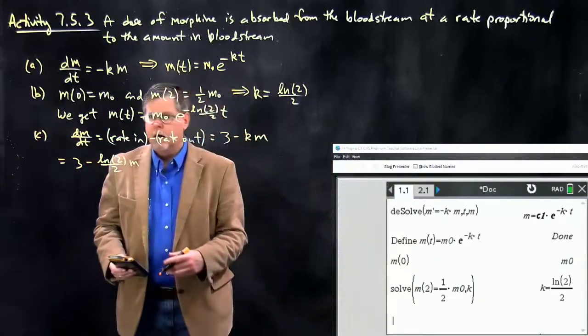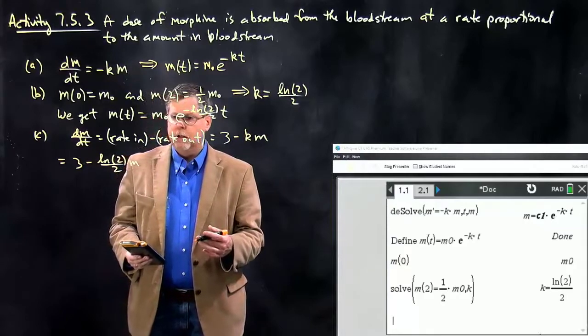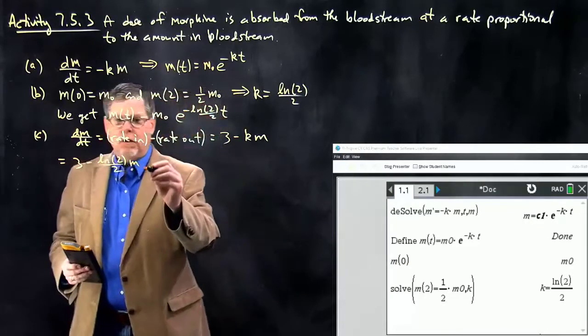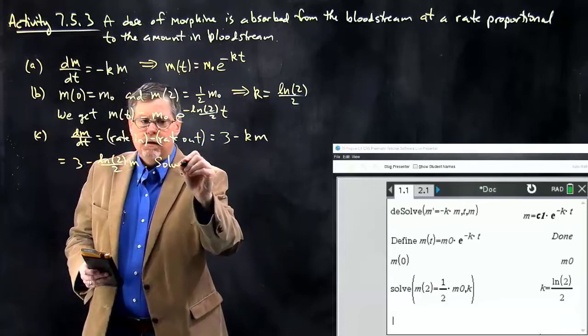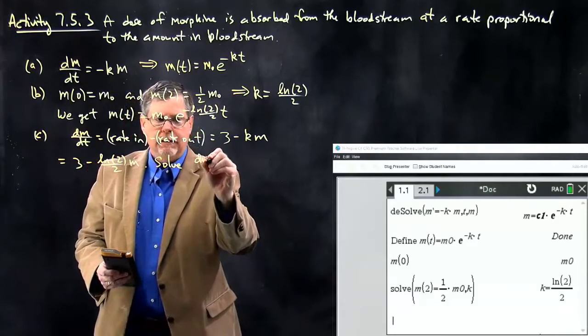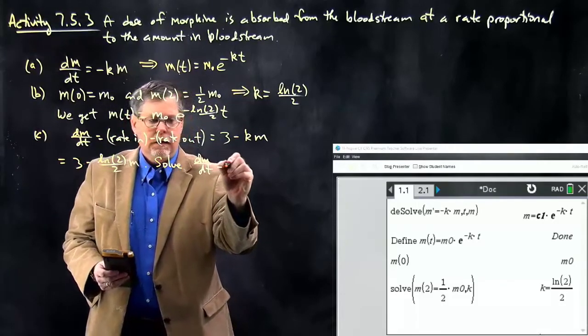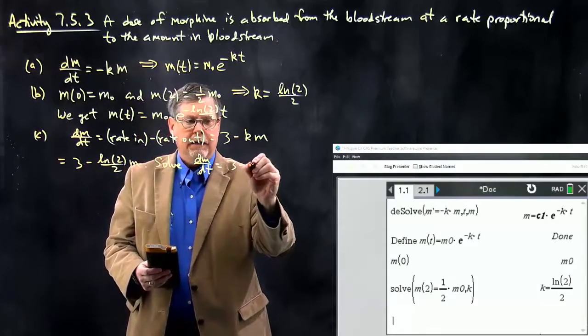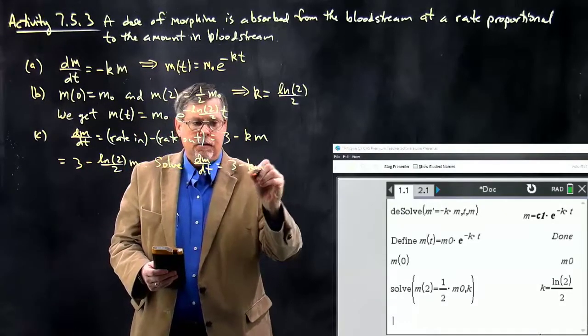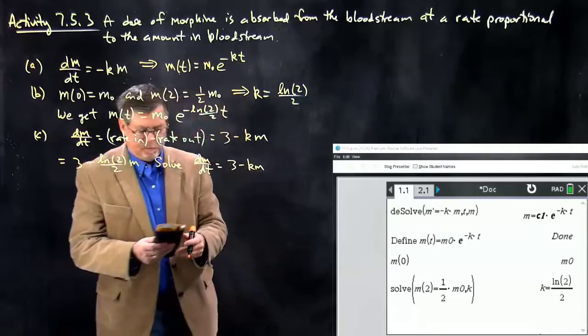So now if we are looking at this solution, we can say, suppose we solve our DE that says dm/dt is equal to 3 minus Km. Okay, what are we going to get? Well, let's do that.